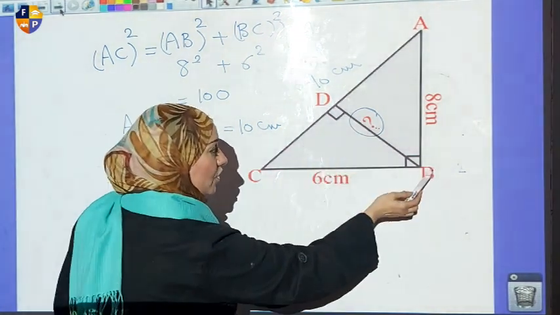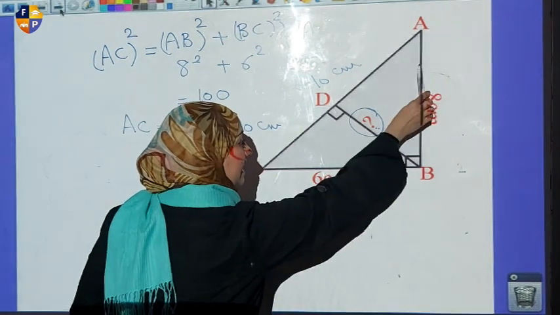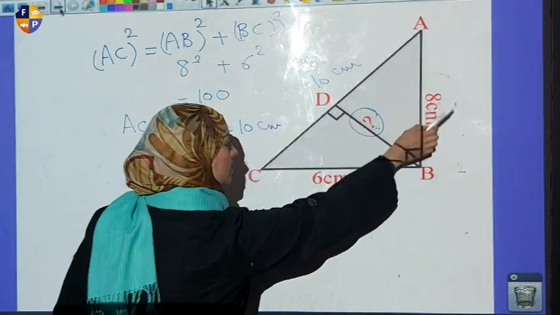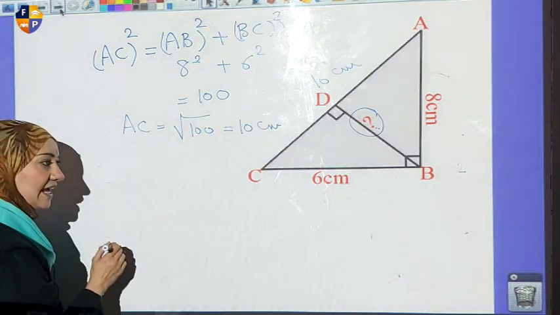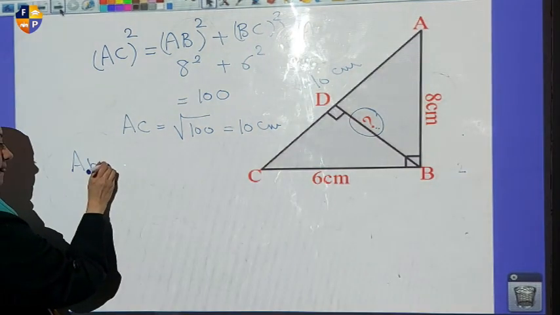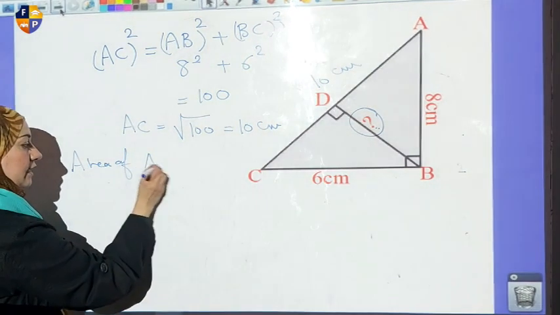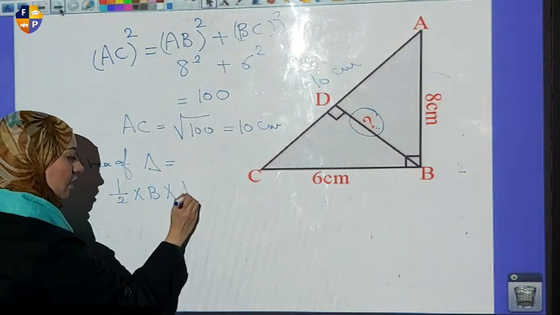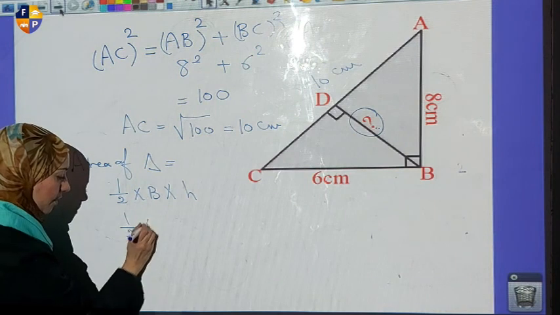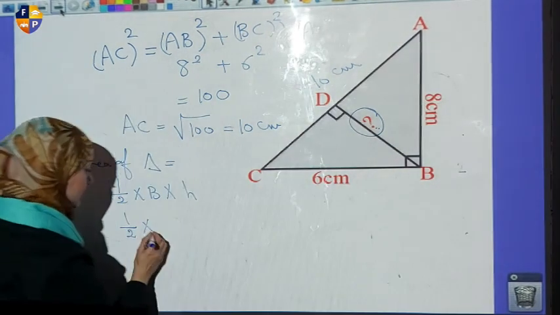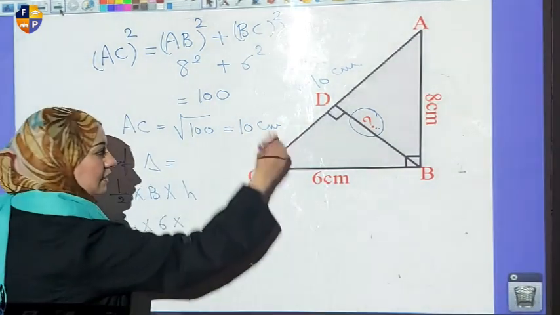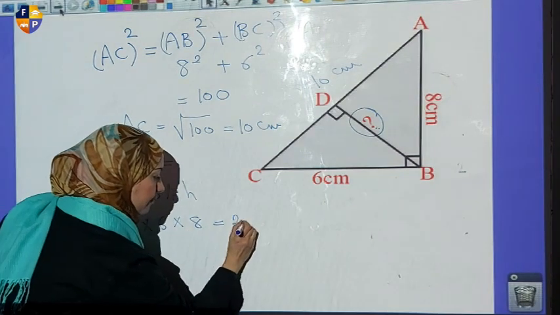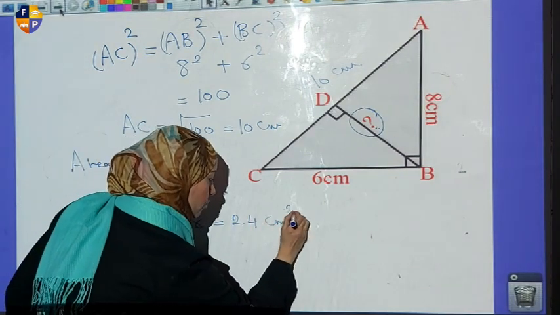By another way, I have the base and this height. So I will get the area first. The area of a triangle equals half multiply base multiply height, equals half multiply base here 6 centimeter multiply height 8, equals 24 centimeter square.